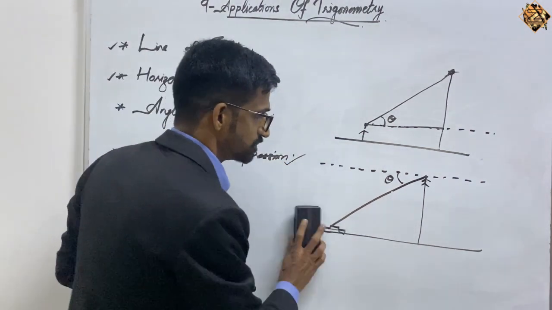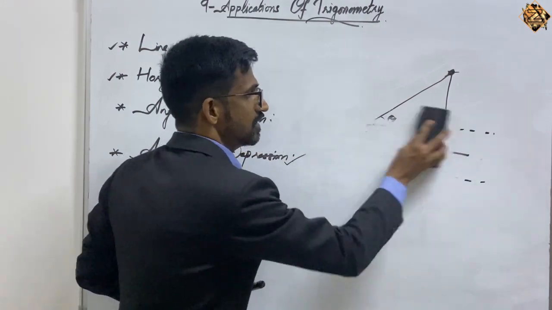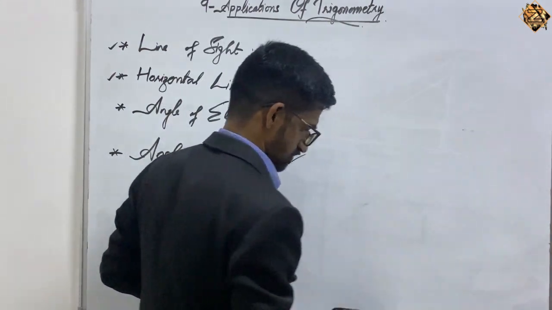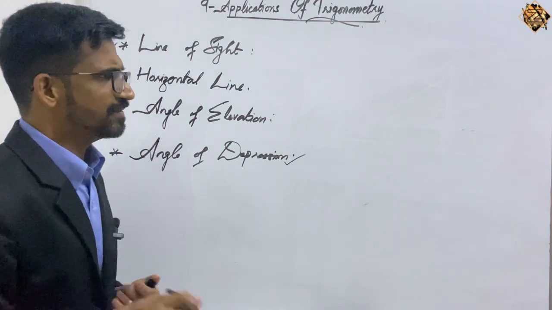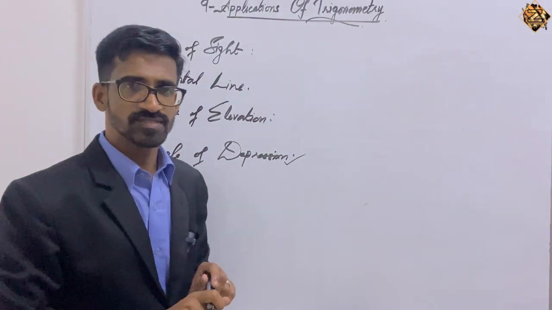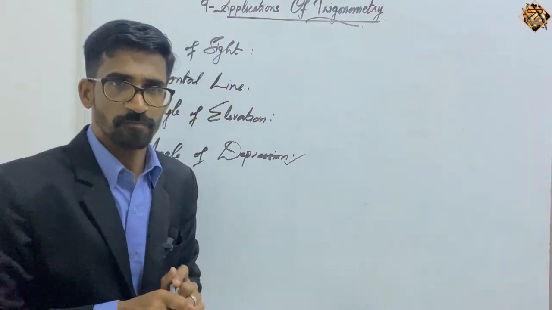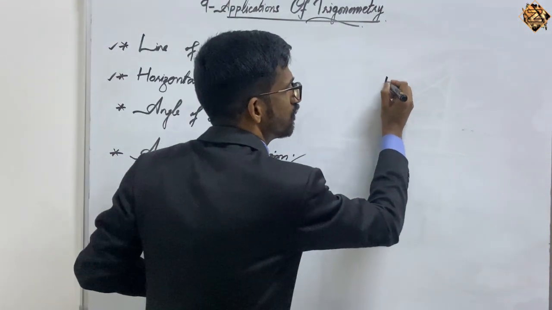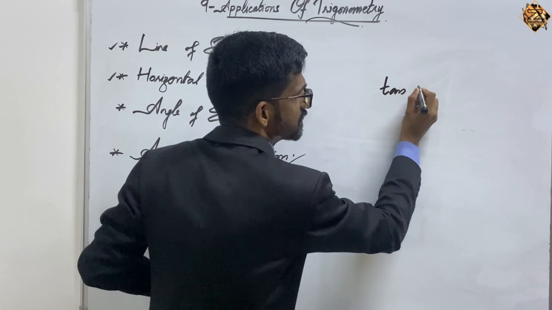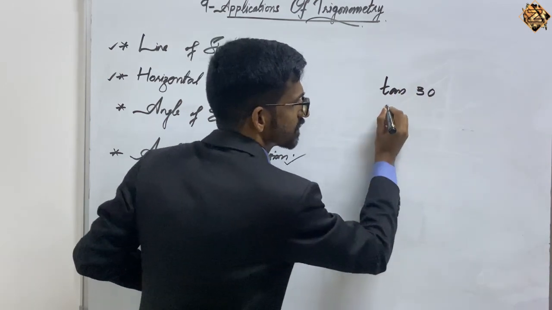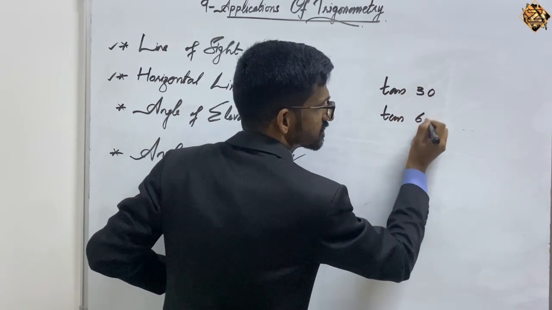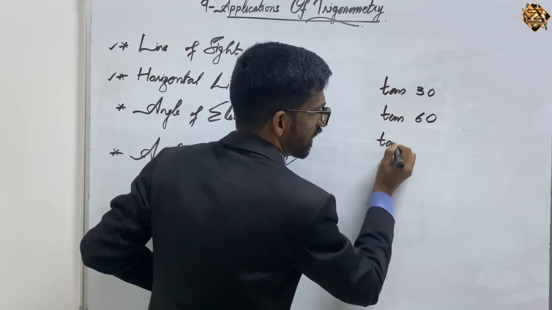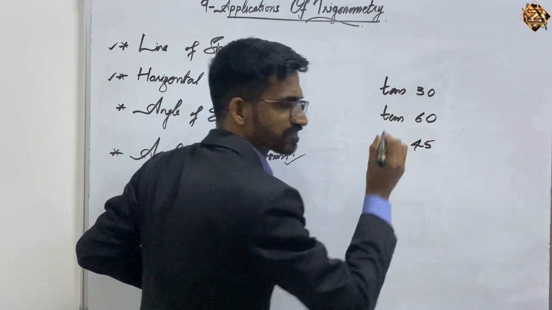Okay, now when we look into this chapter, there are a few very important terms, a few values we should know. Most of the questions are related to four angles, that is tan 30, tan 60 and tan 45.